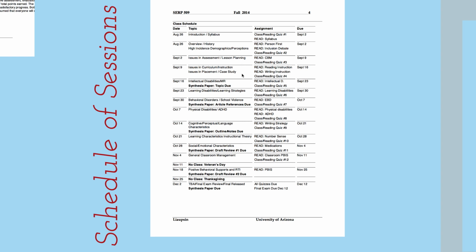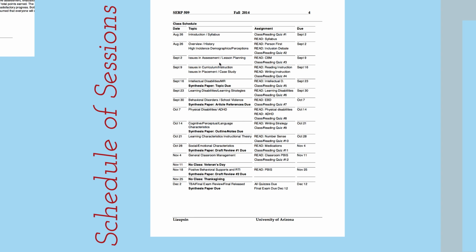The week after that is about curriculum and instruction. See, first we start out talking about kids with disabilities as numbers here, and then a little bit about them as people.